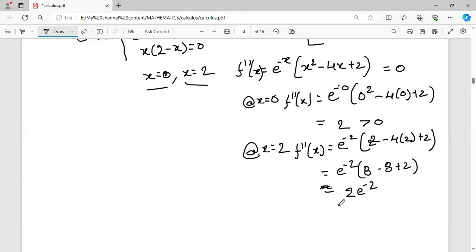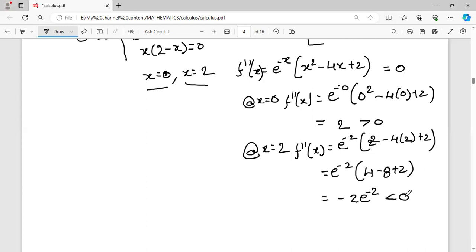Okay. So we get this value. So it is the minus term, e power minus 2, 4 minus 8 plus 2. So by the simplification, minus 2 e power minus 2. It is clearly less than 0. If it is greater than 0, this value is the minimum.